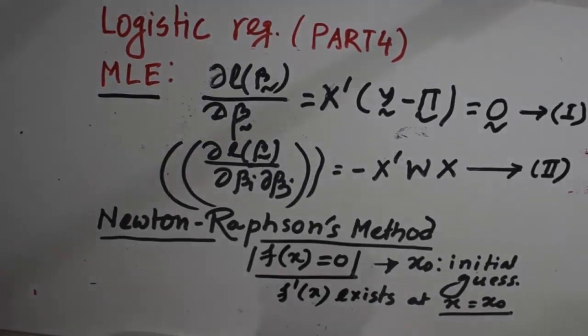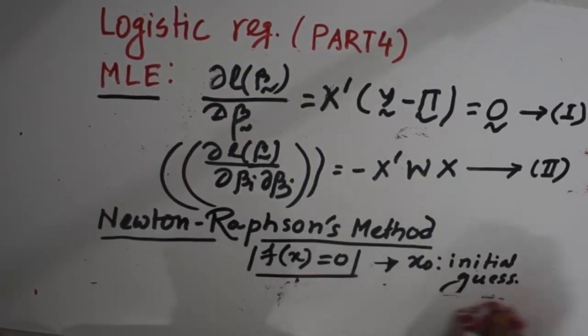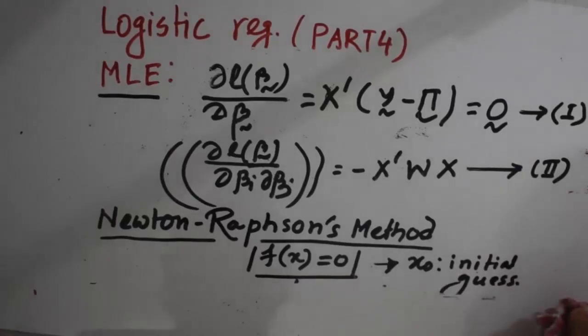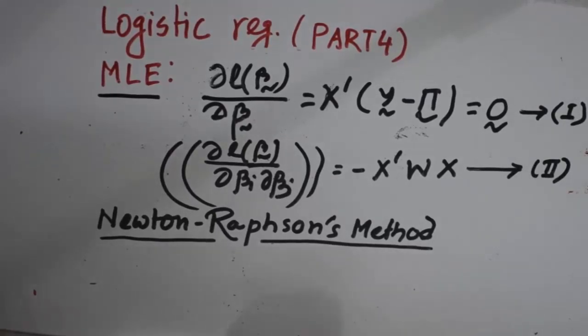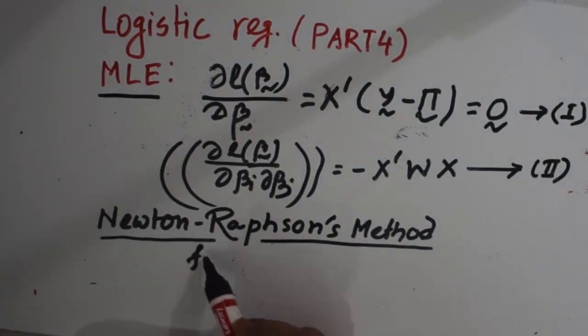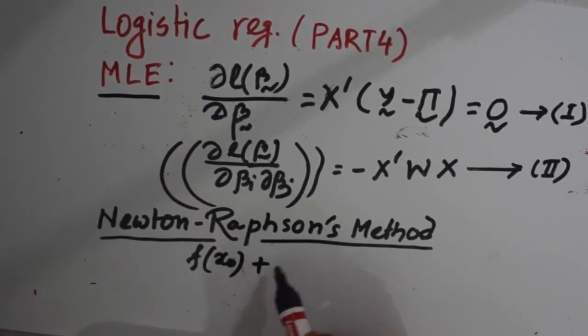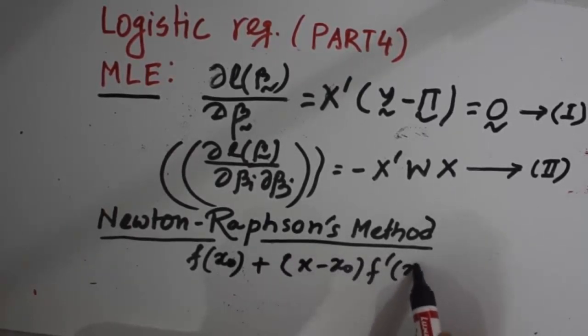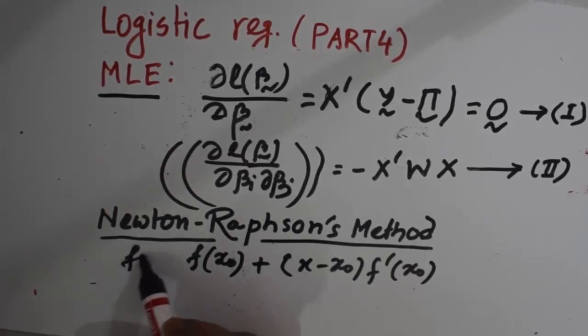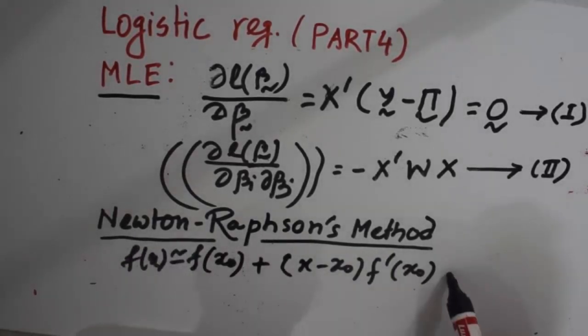Then consider the first degree Taylor polynomial. Just consider the first degree term. So f(x) is approximately this, and this should be 0.